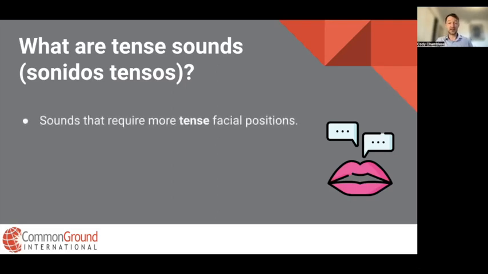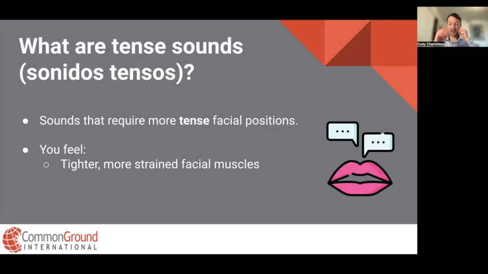Tense sounds are sounds that require more tense facial positions. So with tense sounds, you might feel tighter, more strained facial muscles. You also might feel more tension in your mouth, tongue, and lips.